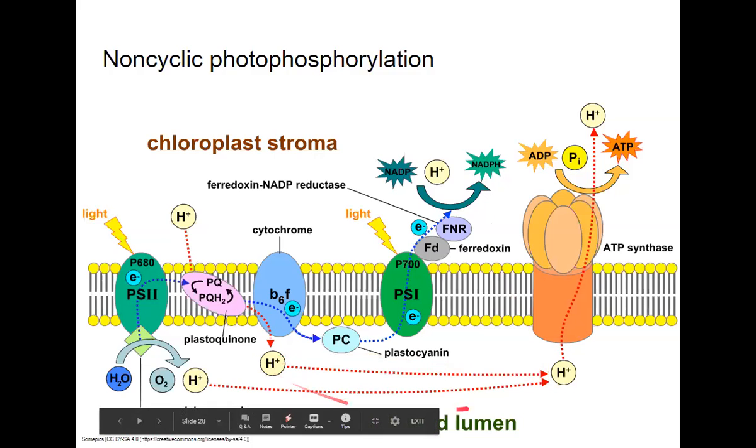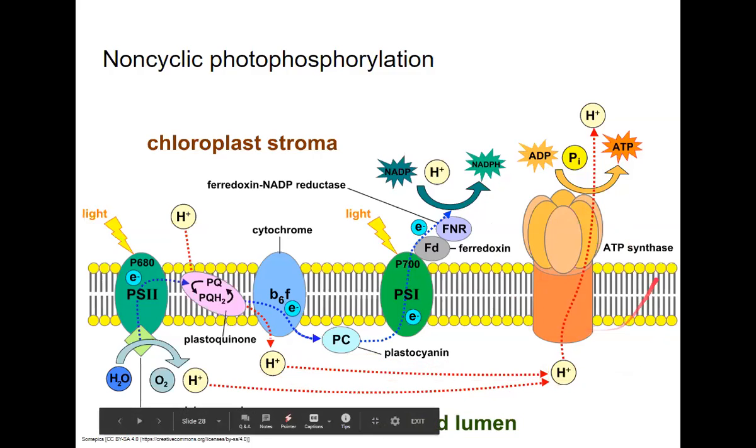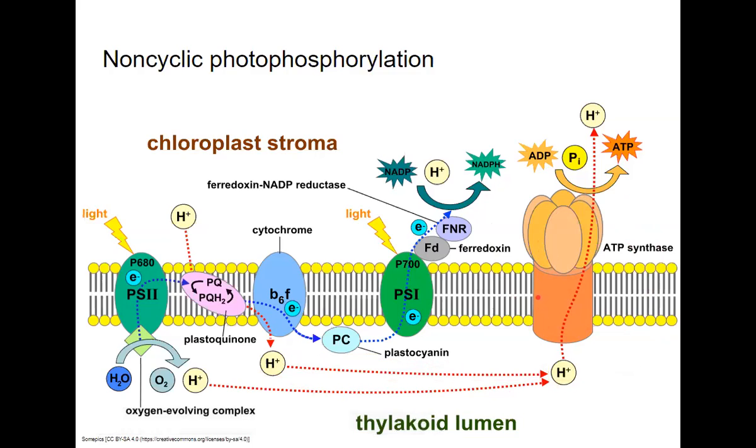This lake that we're building of protons, we're going to let it go through a dam and turn a turbine. It's a molecular dam and a molecular turbine, but still no less awesome. So in this case, ATP synthase is going to be our turbine.